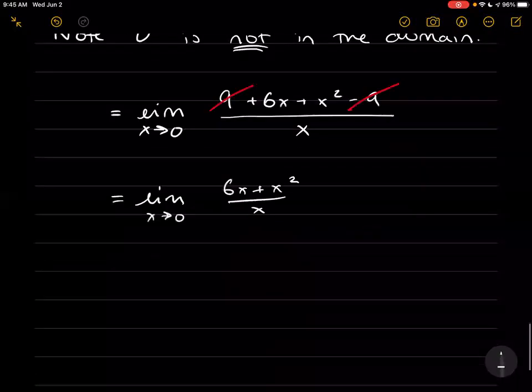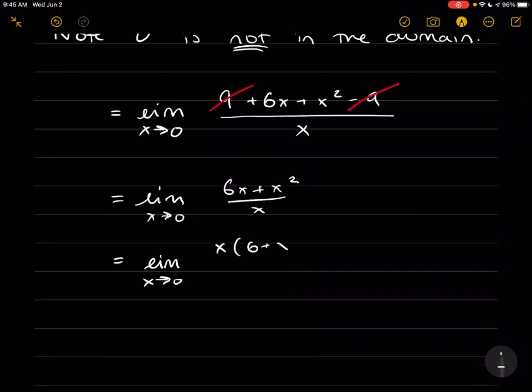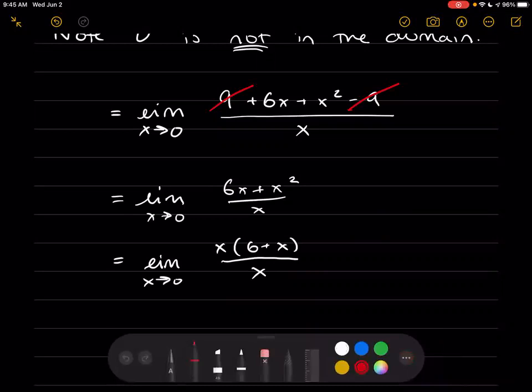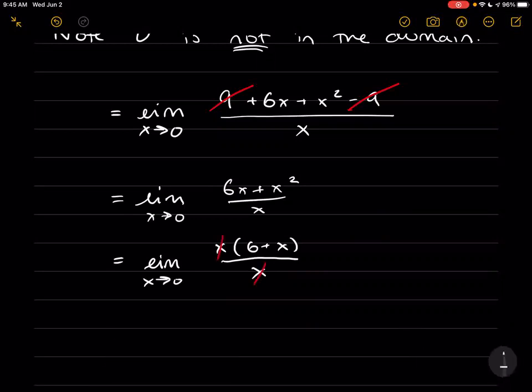We get the limit as x goes to 0 of x times 6 plus x, all over x. And now here comes the magic. We can go ahead and cancel these two x's. Now we have the limit as x goes to 0 of 6 plus x. Aha! This is a much simpler limit.